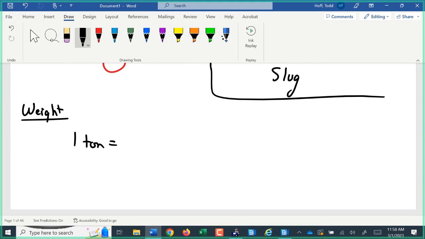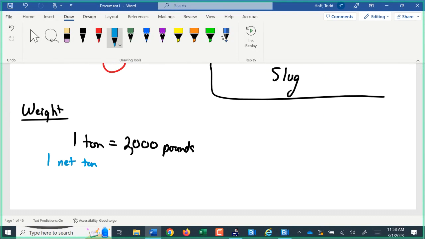Talking about a ton. Well, most of us know that a ton is 2,000 pounds. This is mostly true. Most tons are 2,000 pounds. This is actually what is referred to as a short or a net ton.